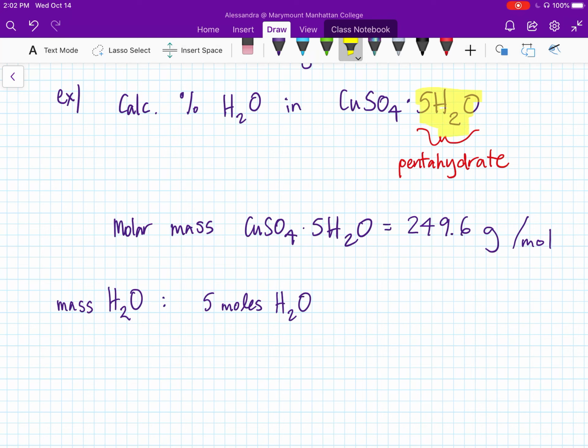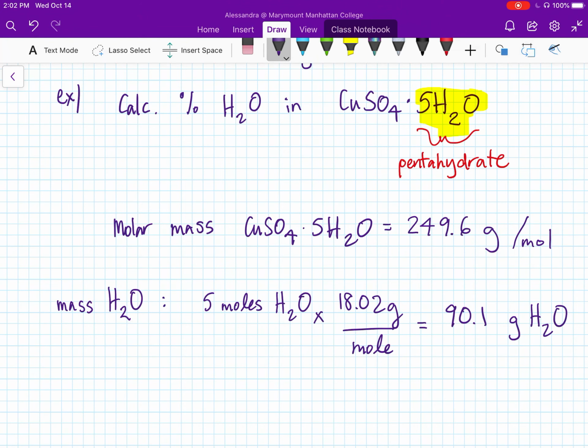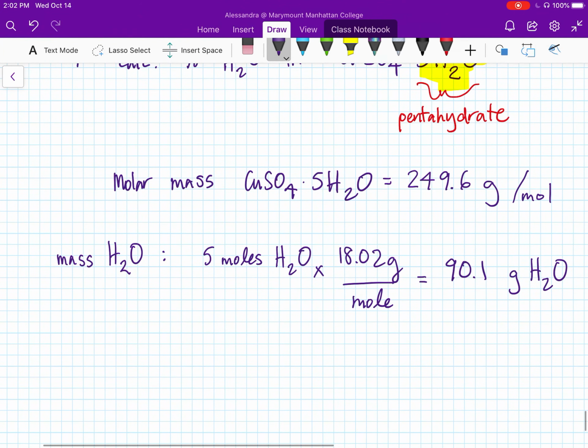We can see that because we have literally 5 H2Os as part of the molecular structure. Each of them has a molar mass of 18.02 grams per mole, the molar mass of water. So that gives me 90.1 grams of water in every mole of copper 2 sulfate pentahydrate.